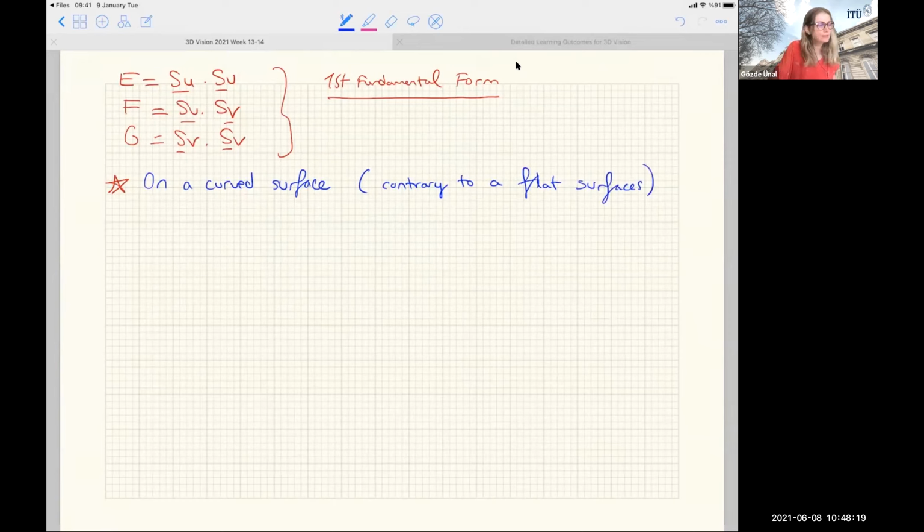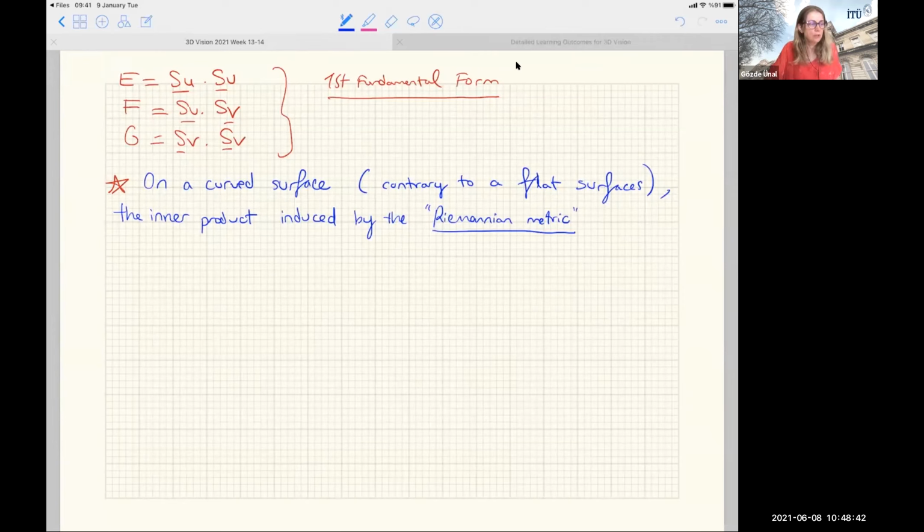The inner product here is induced by the Riemannian metric, actually by this E, F, G, on the tangent space at every point.